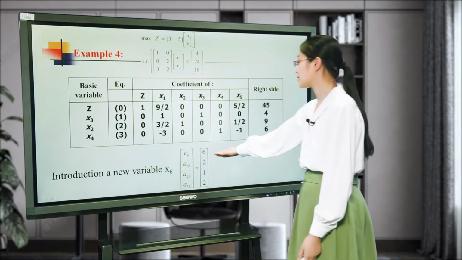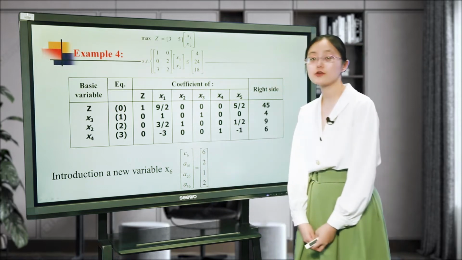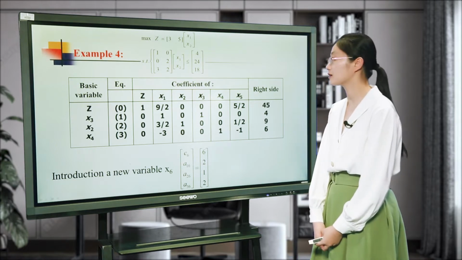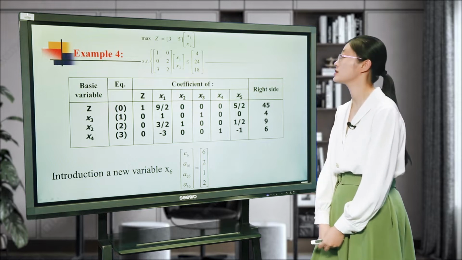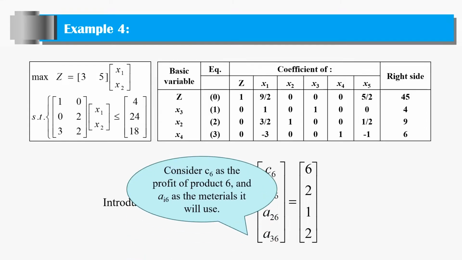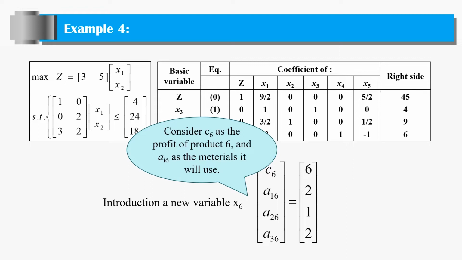The first coefficient is the coefficient of x6 in the objective function, and the rest are the coefficients in the constraints. Practically, we can consider c6 as the profit of producing product 6, and these a's are the materials it will use. After we want to produce a new product, how will the optimal solution change?